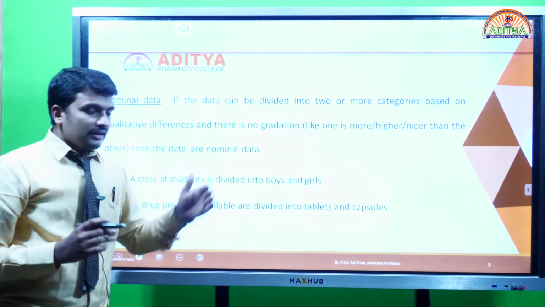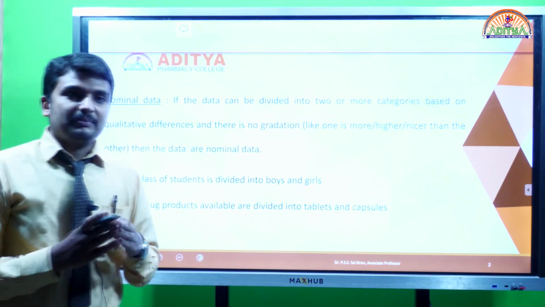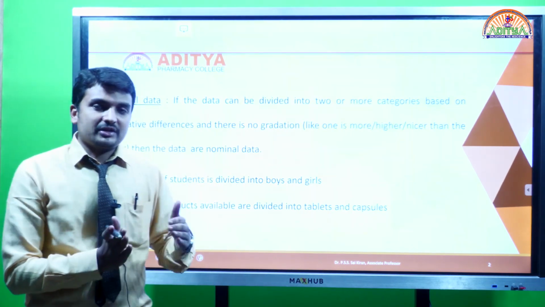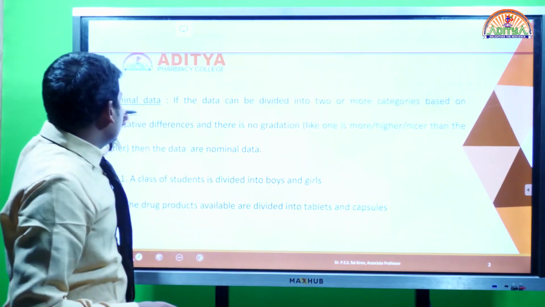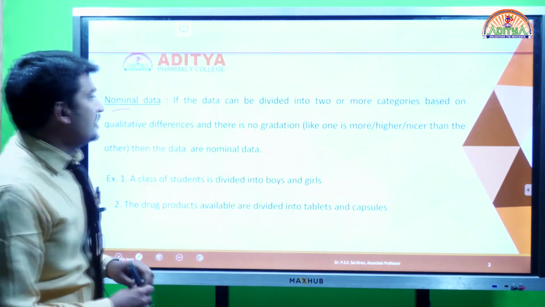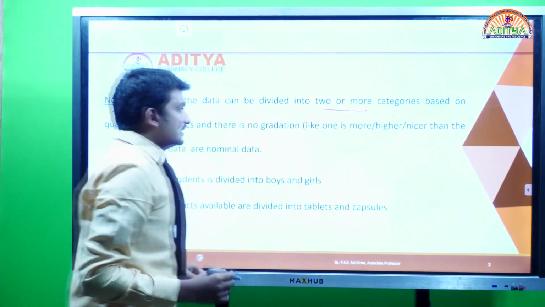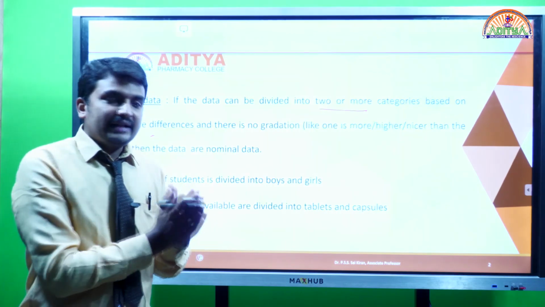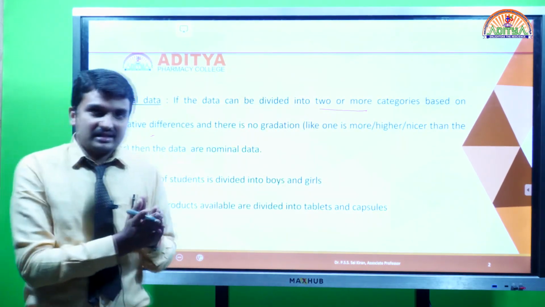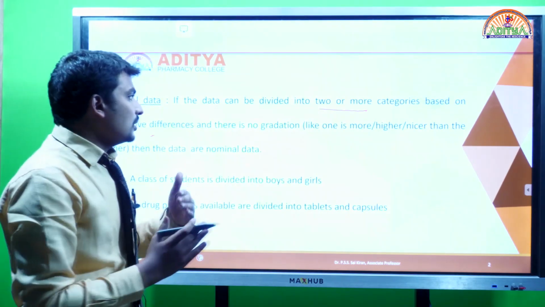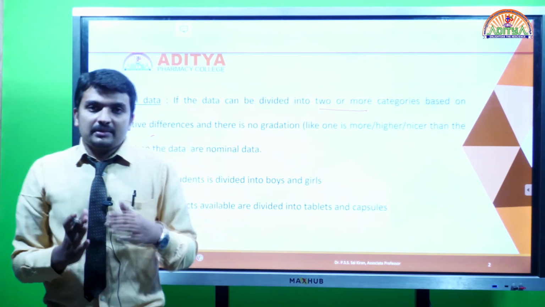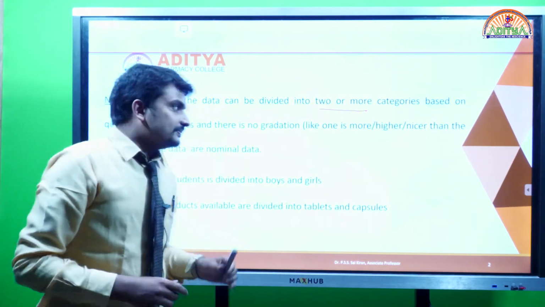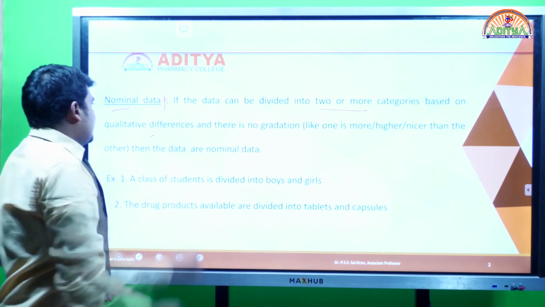Before discussing the parametric tests, we will discuss the types of data. The data can be nominal if the data is divided into two or more categories based on qualitative differences. Means if the data can be categorized based on their qualitative features, and two or more differences based on their qualities are found in this particular data, we call the data nominal.